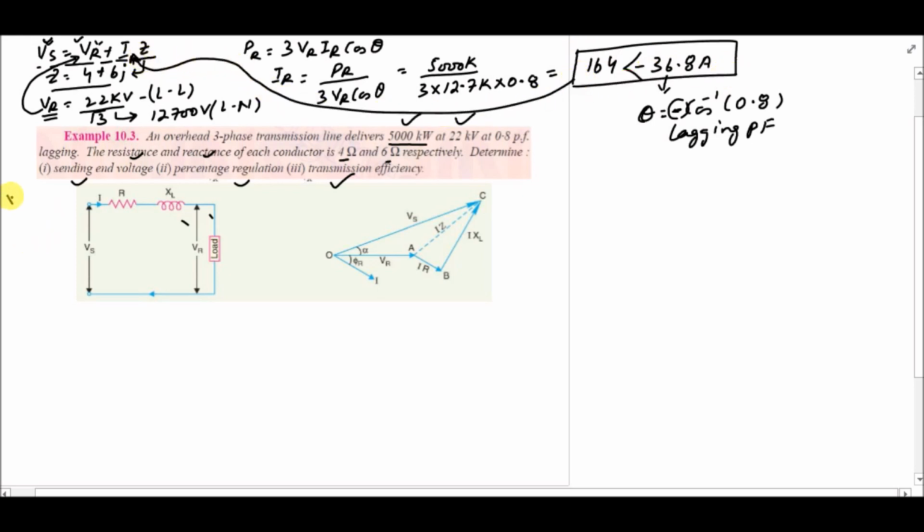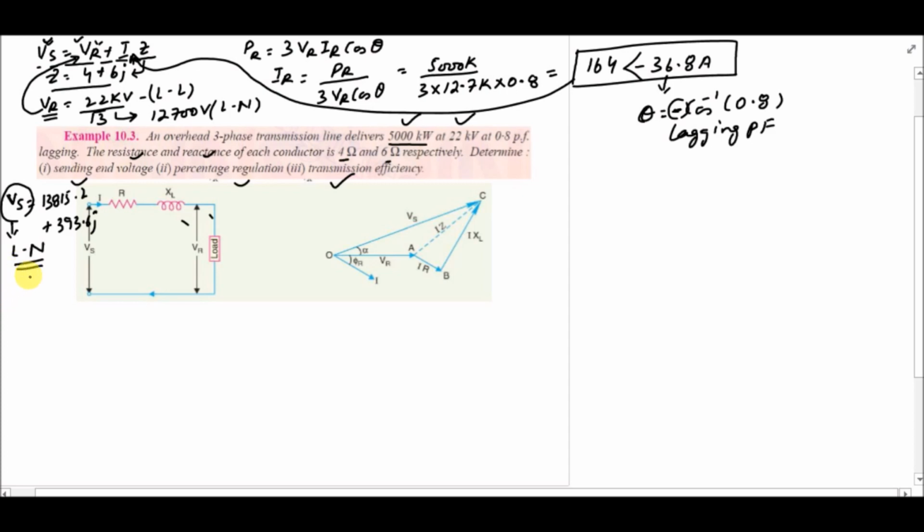The voltage value for Vs will be equal to 13815.2 plus 393.6j. And you have to remember that this is line to neutral voltage. So if you have to find the line to line voltage, you have to multiply it with root 3.